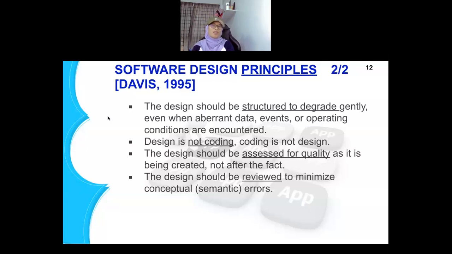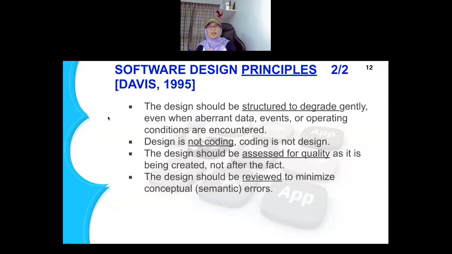So actually this is talking about adaptability. Adaptability is about the data, event, operation, condition, and platform. See, the words used are very old. Design is not coding. Yes, coding is not design.